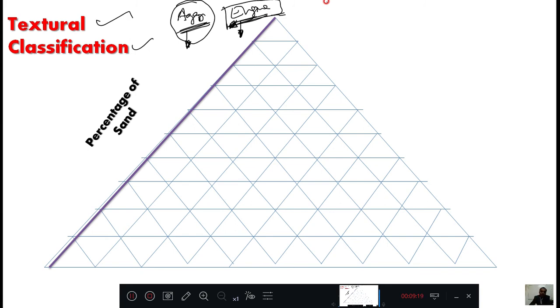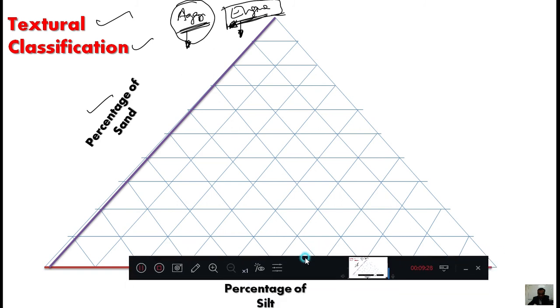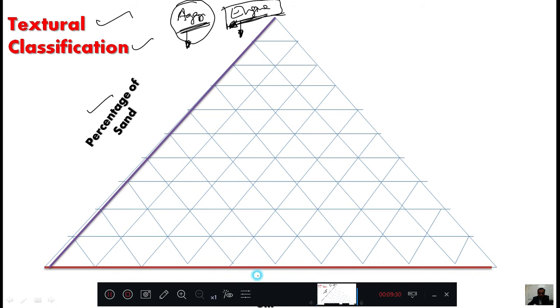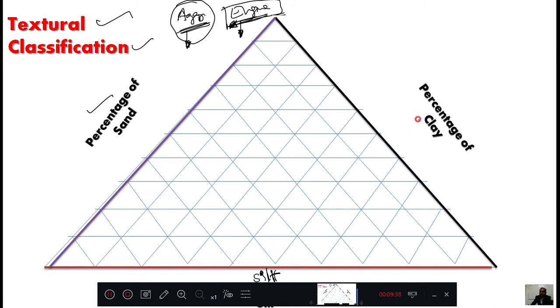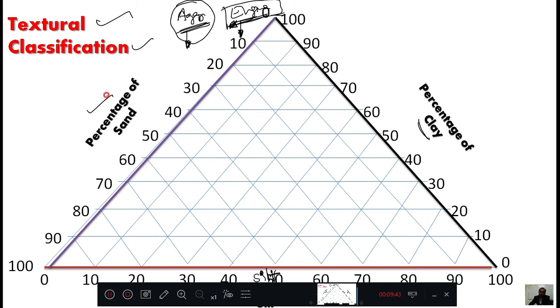That triangle will obviously have three edges. One edge I will consider as the percentage of sand, and the second edge I will consider as the percentage of silt. You can see, this is the percentage of silt. And this slanted edge I will consider as the percentage of clay. Very important. And after that I will mark here from 0 to 100.